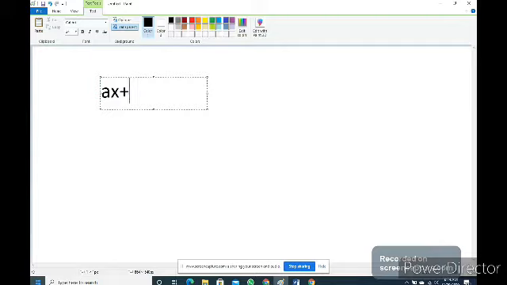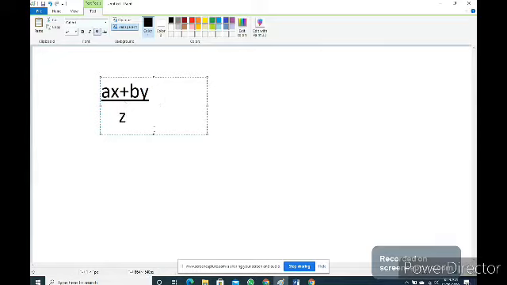Now let's try the short difference between a polynomial and an algebraic expression. In a polynomial, we are not at all going to have a variable in the denominator. Otherwise it is known as an algebraic expression.